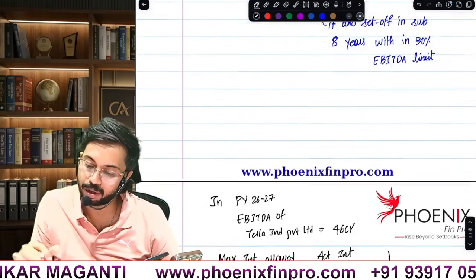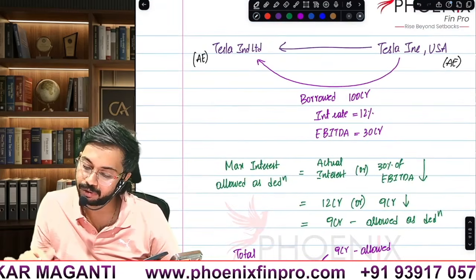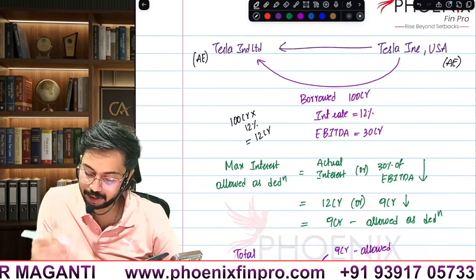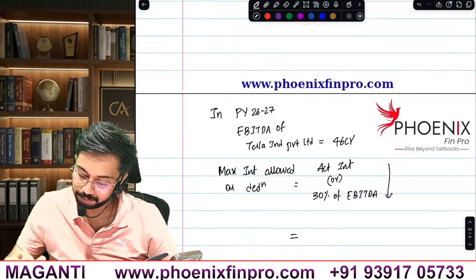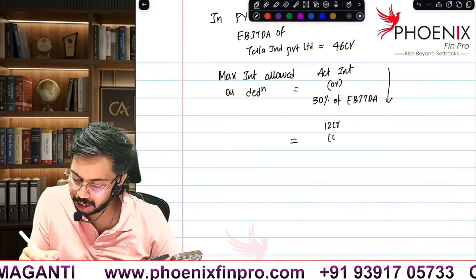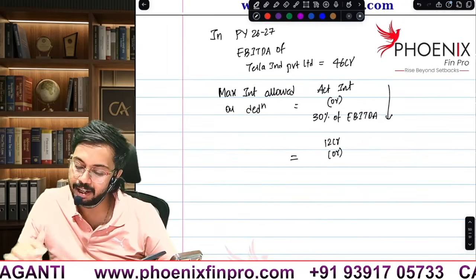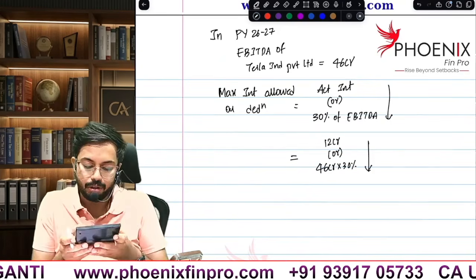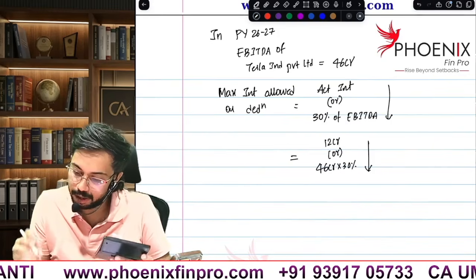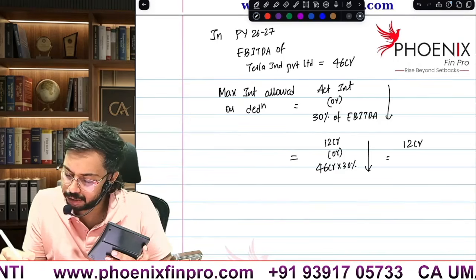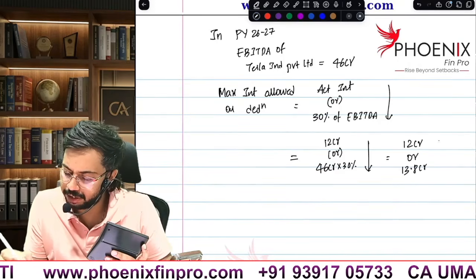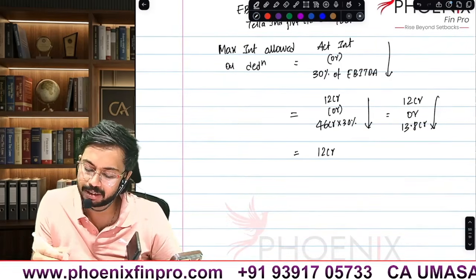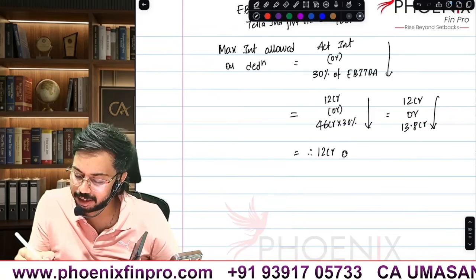Actual interest is 12 crores. We have done 100 crores into 12%. 12 crores is the actual interest, correct? So 12 crores or 30% of EBITDA. How much is EBITDA? 46 crores. 46 crores into 30%, whichever is lower. So 46 into 30%, how much? 13.8 crores. So 12 crores or 13.8 crores, whichever is lower. Obviously, actual interest is 12 crores, right? So total 12 crores is allowed as deduction.